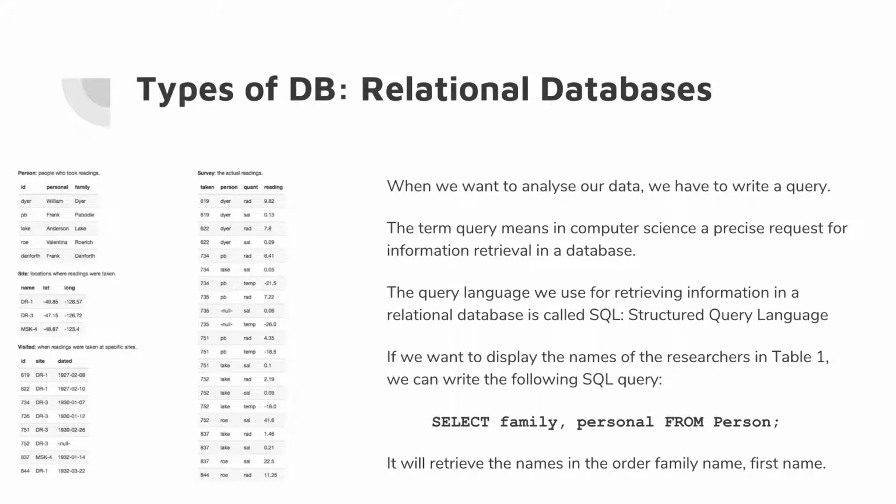So basically what we have queried the database is: give me the family name and the first name of all the people that are listed in the table called person. If we enter this command, it will retrieve the names that are stored in that table in the order of family name first and first name last. If you take a look at the table on the upper left side, it is stored the other way around. So the order we want to get, we have to write in the query.